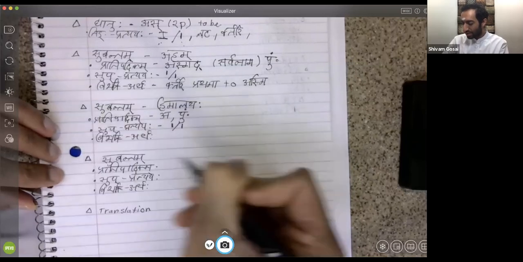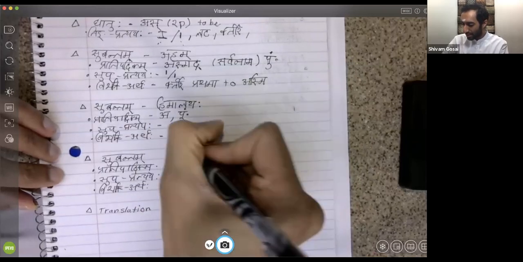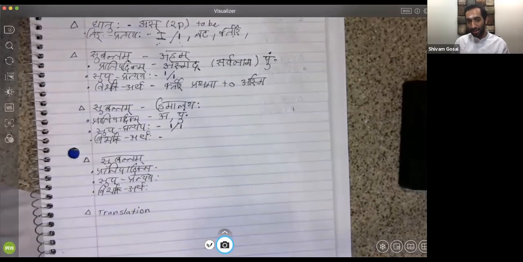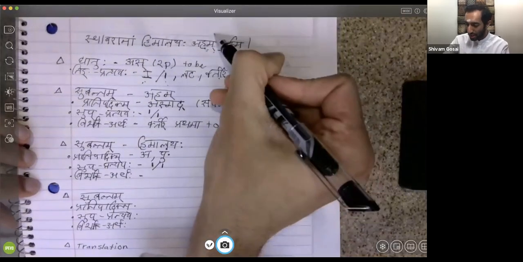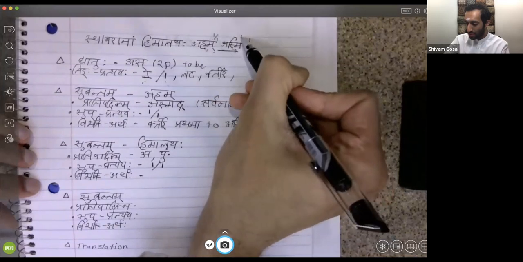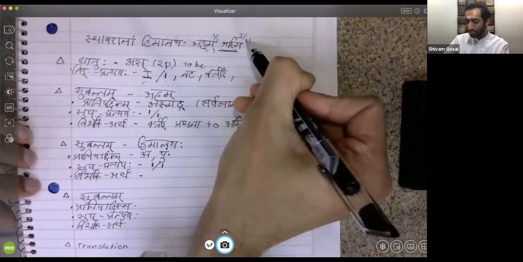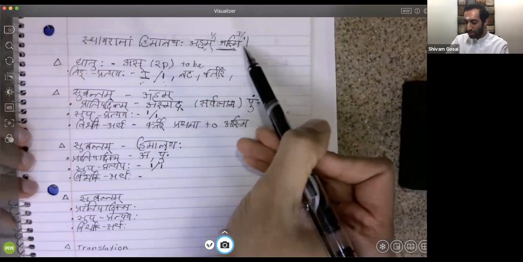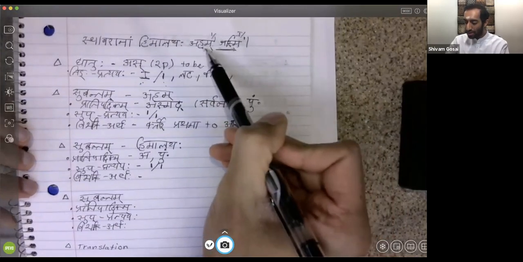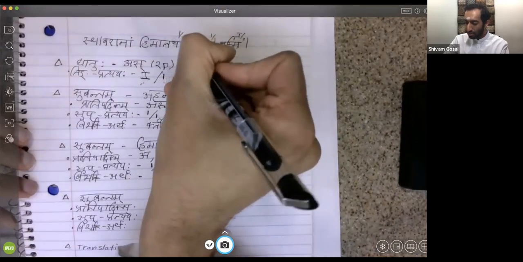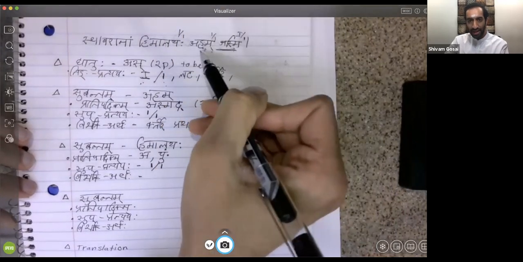Now this is funny, we have two 1-1s. This was the question last time: what happens if you have two 1-1s? Here I have asmi, so far the translation is I am. The next 1-1 will be the predicate to this.